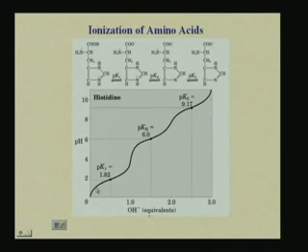So again, my titration curve looks like this. Is that clear? Okay. So I have a pK1 corresponding to the COOH, a pKr corresponding to the side chain, and a pK2 corresponding to the amine group, right?